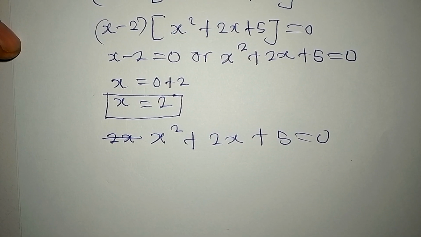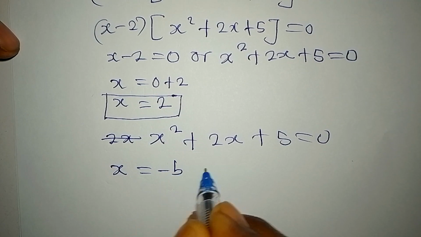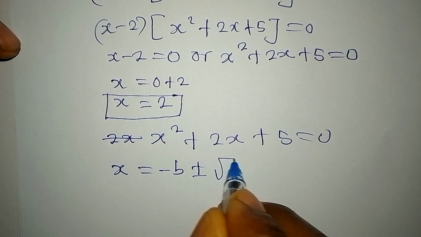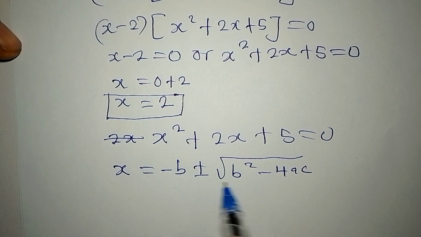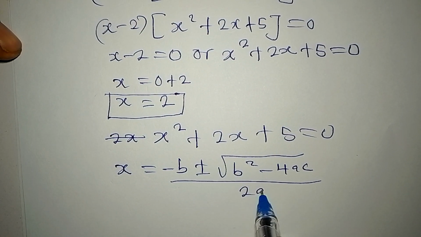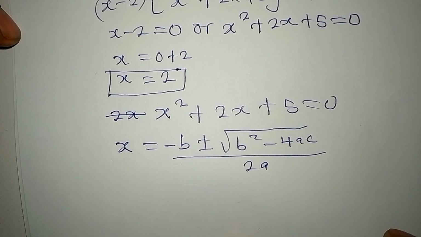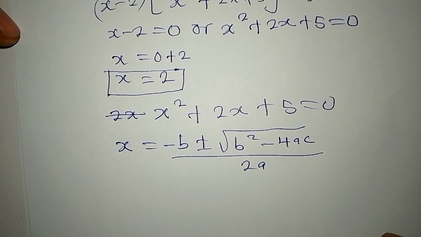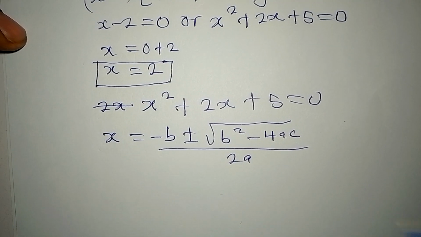So we have x squared plus 2x plus 5 equals 0. Now, let's use the formula to deal with this. x is equal to minus b plus or minus square root of b squared minus 4ac, everything is over 2a. Okay, to be very sincere, do you have this formula offhand? Okay, do you know it offhand? Right, let's continue.